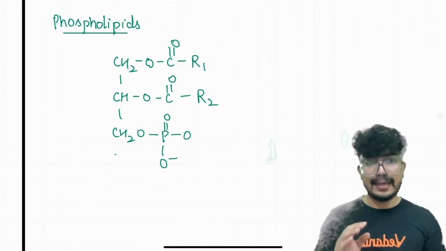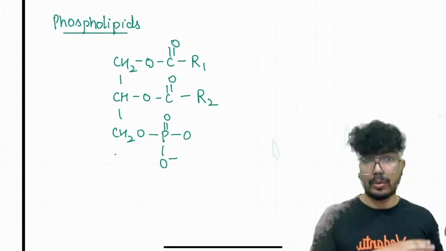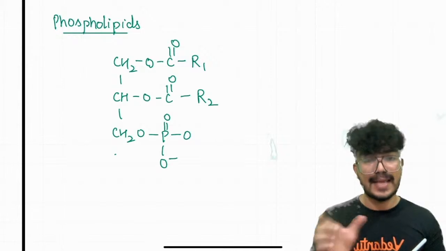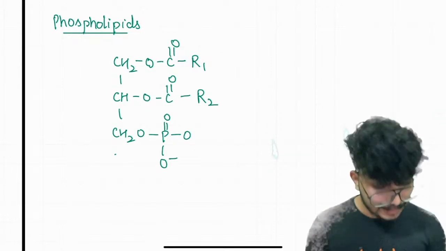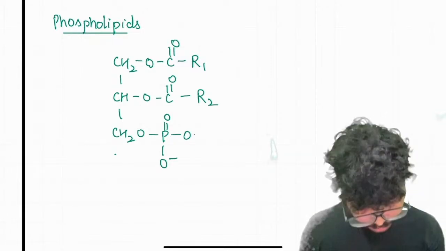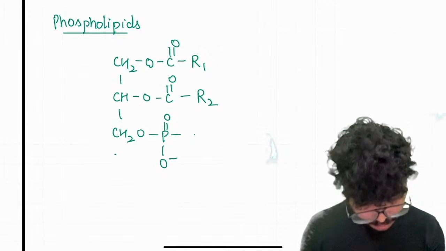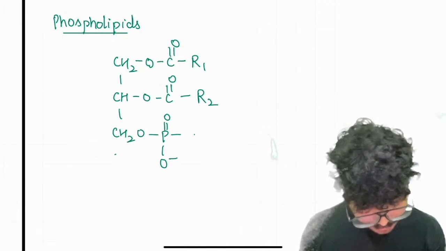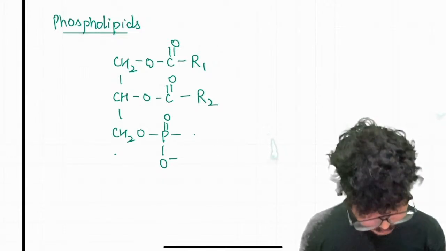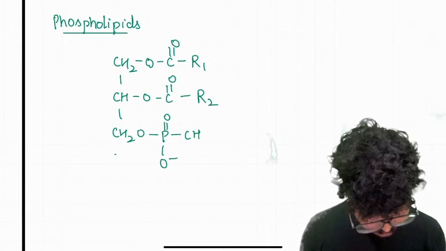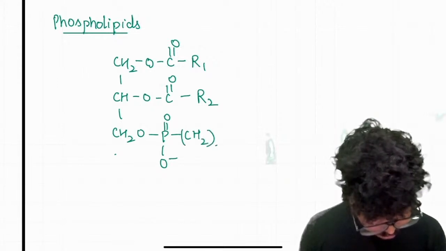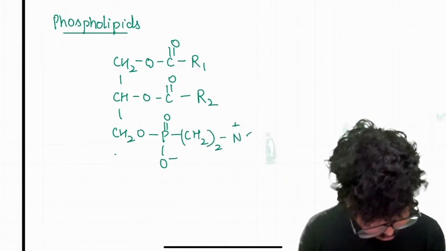Correct? And here you are going to have the choline. We are making lecithin, which has the choline group attached to the phosphate group. So I'll remove this oxygen and I'll add choline over here. So here you have choline.